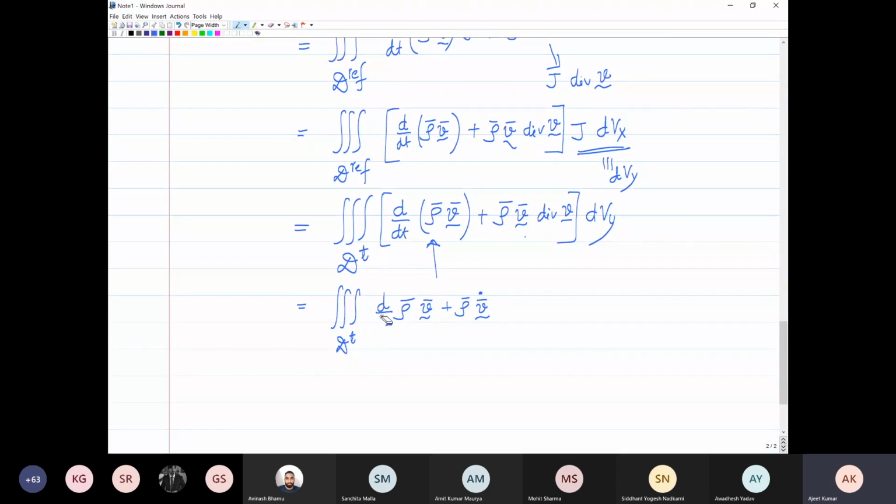So everywhere, let's keep it that way. We have rho bar dot plus rho bar v bar divergence of velocity, dVy.